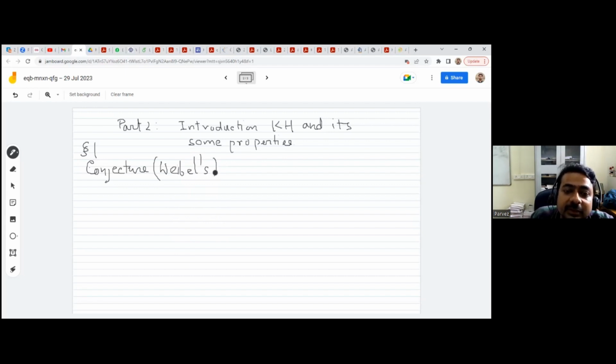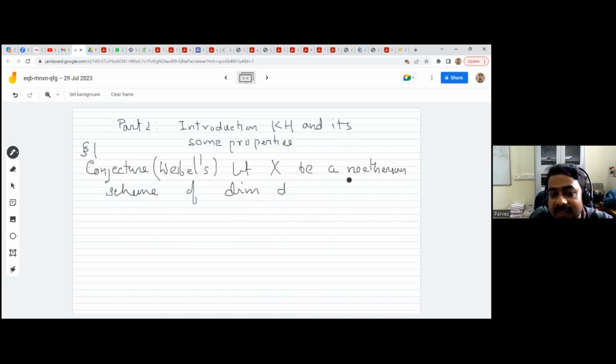It says that if you have a Noetherian scheme of dimension d, so let X be a Noetherian scheme of dimension d, then the result can be divided into two parts.